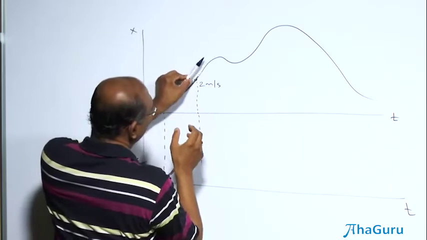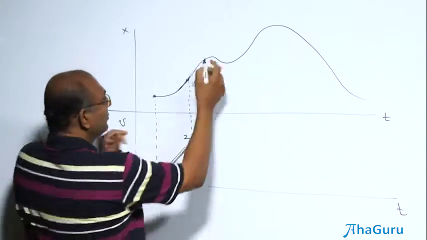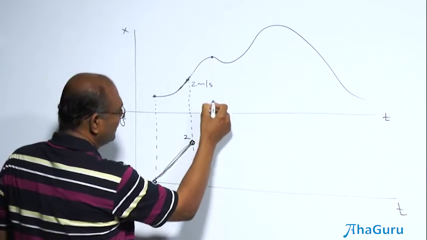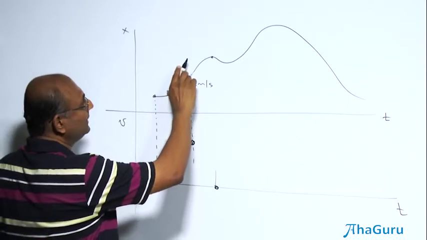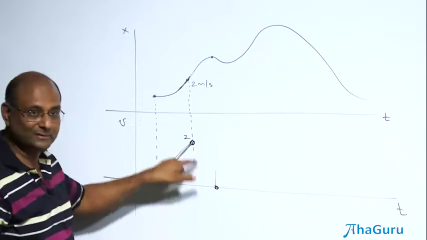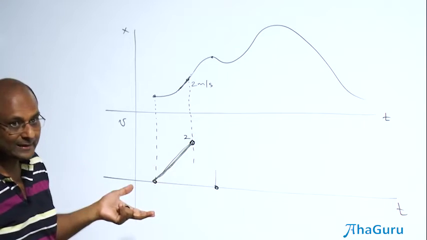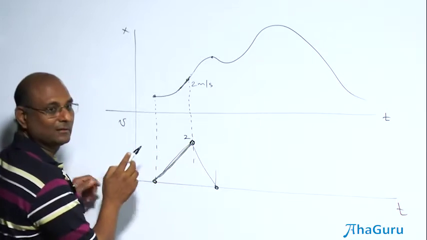And from 2, at this point, what happens to the velocity? 0. So at this place, it is back to 0. So that means if I assume that it was decreasing, it definitely was decreasing, but it need not have decreased uniformly. But let us assume it decreased uniformly, then we're going to go like that.